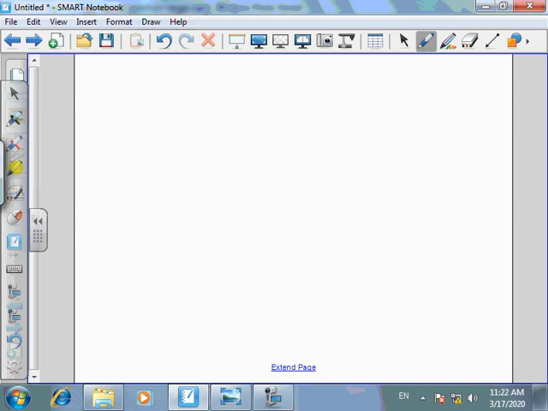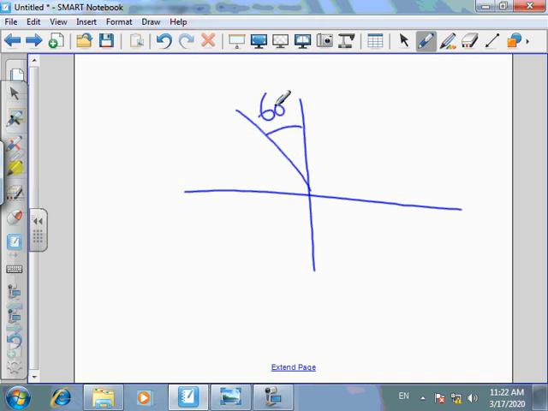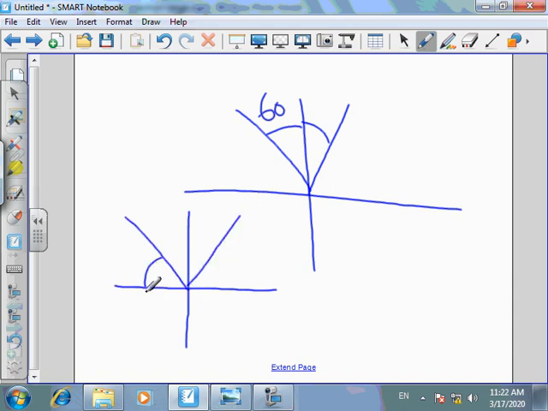If he drew that line this way and told me that this angle is 60, what about this angle? Yes, it's 60. If he drew the angle like this and said this angle is 45, find this angle and this angle.